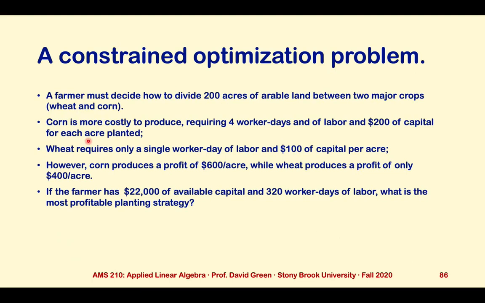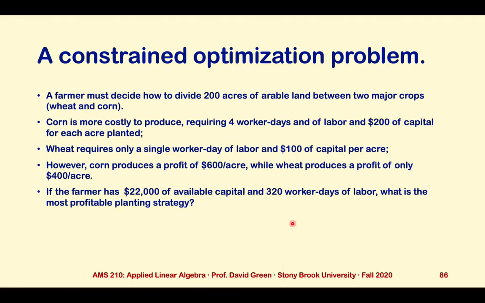We have a farmer trying to decide how to divide 200 acres that's available for planting between two major crops, wheat and corn. Corn costs more to produce. It requires 4 worker days, that is one worker working for 4 days of labor, and $200 of capital for each acre planted.